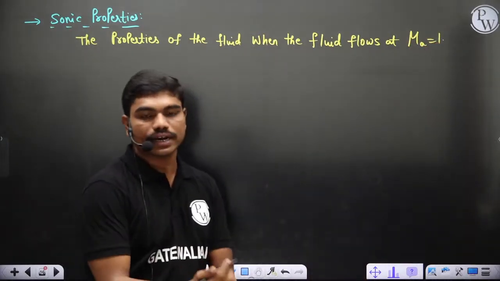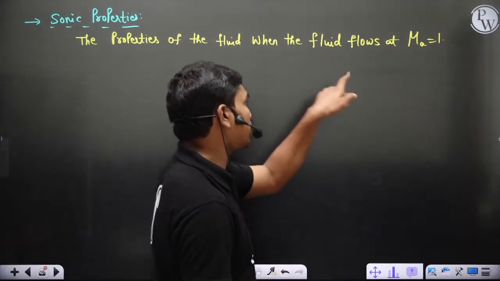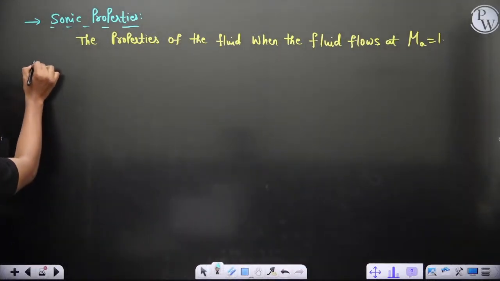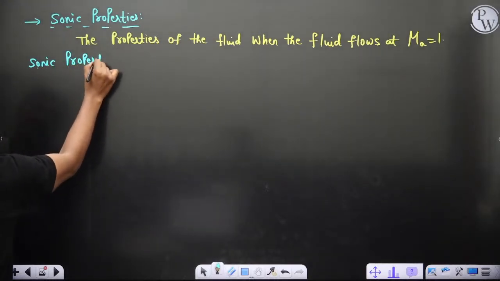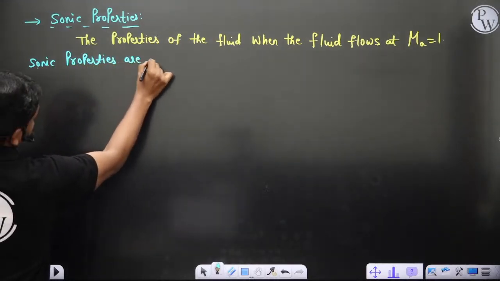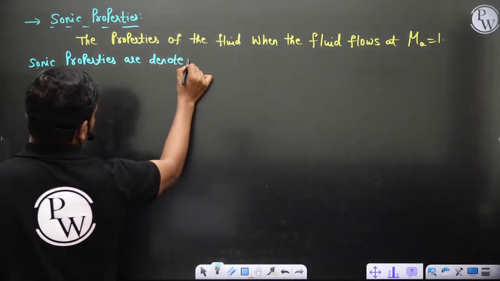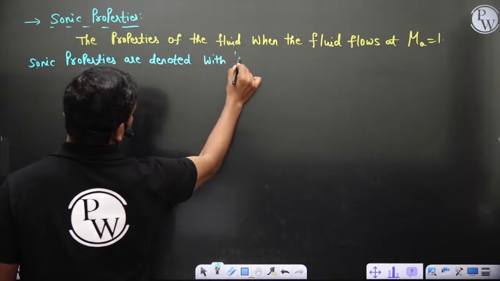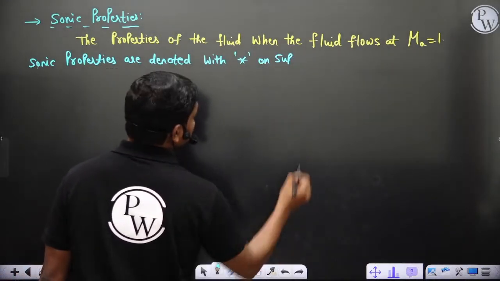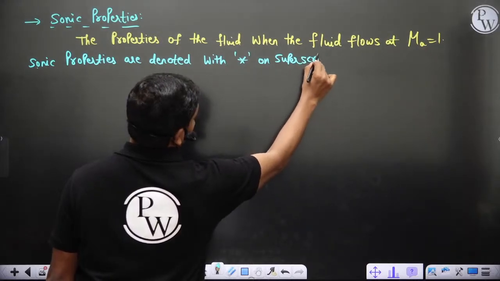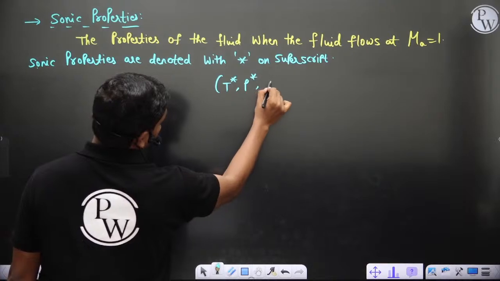That's basically the sonic condition. So at Mach equal to 1, the properties are denoted with a star on the top, a star as superscript, which means you'll have T star, P star, rho star.